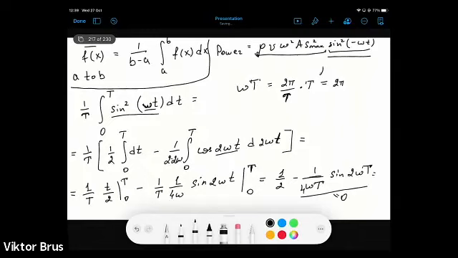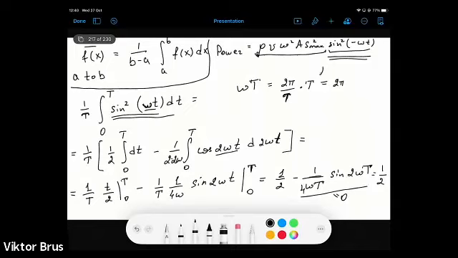So eventually we get that the average value of this function, the one we initially considered with minus, in the time interval from 0 to the period, is equal to 1/2.